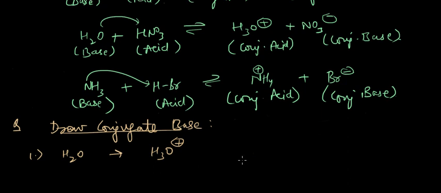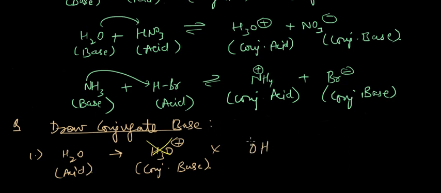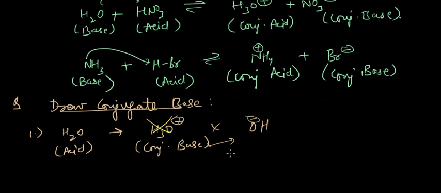Will it be the conjugate base? No. Why? Because if I am writing that this is conjugate base, this should be acid, right? When it is an acid it should donate proton to become OH minus. This would be the conjugate base, right?